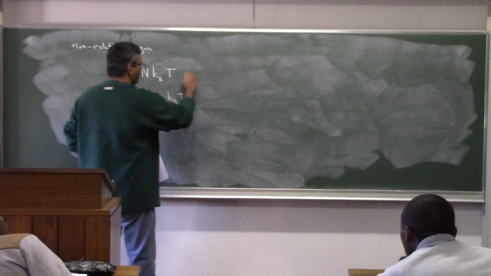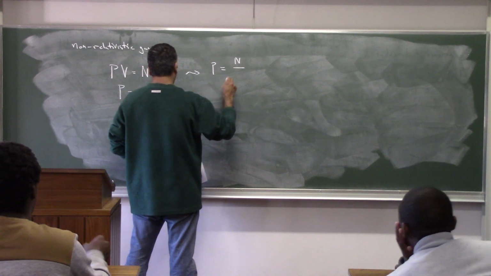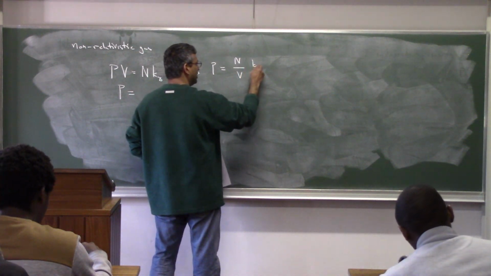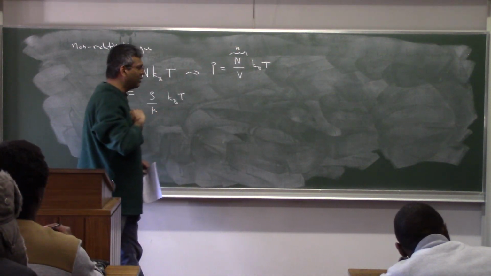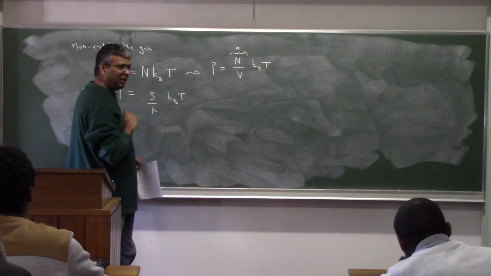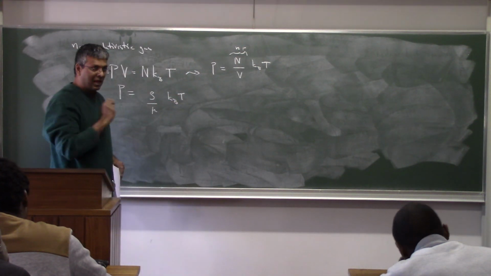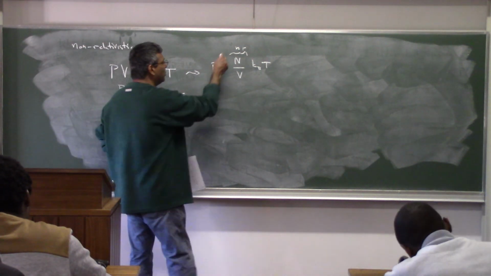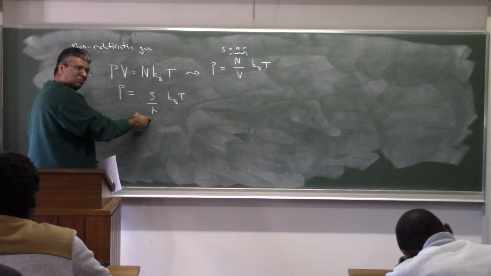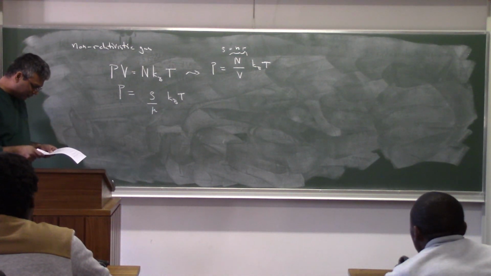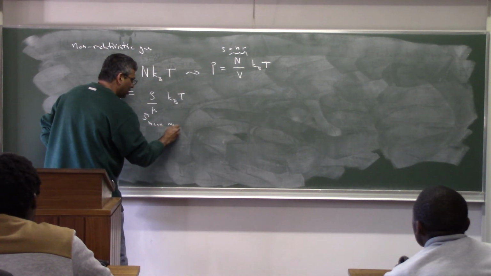If I divide both sides by the volume, I have pressure equals N over V times k_B T. N over V is the number density. I converted the number density to a mass density by multiplying by the average mass of a molecule in the room. So rho equals N over V times mu, and mu is the mean mass of a molecule.